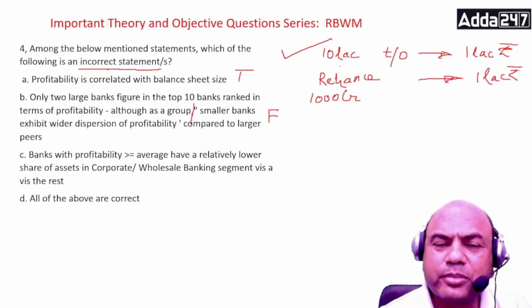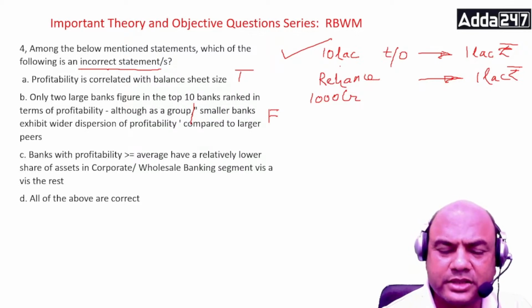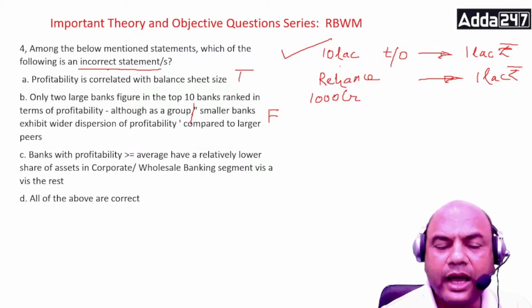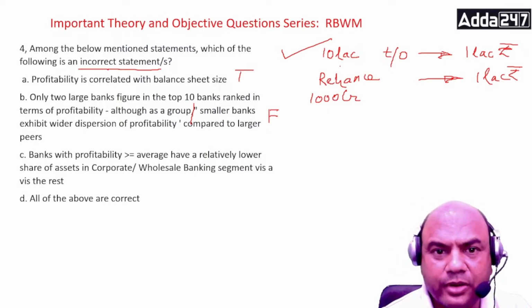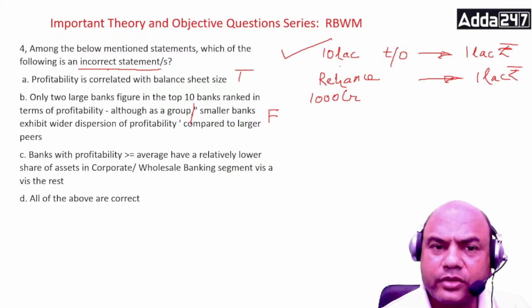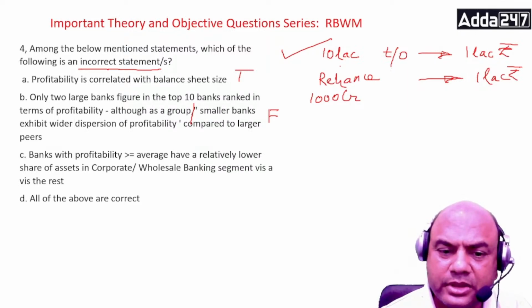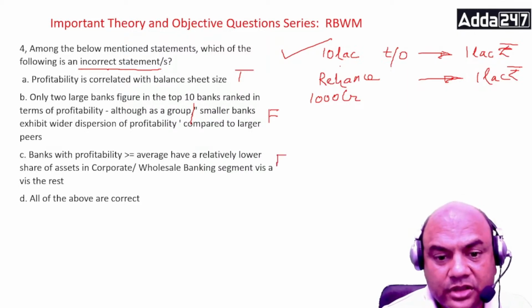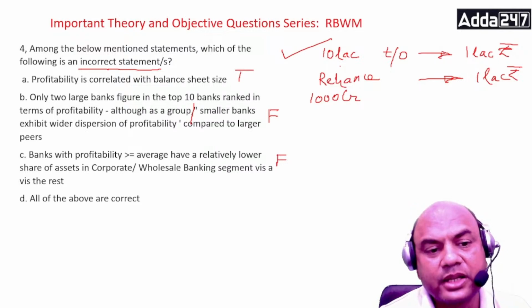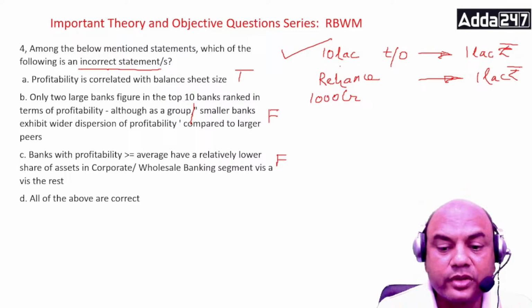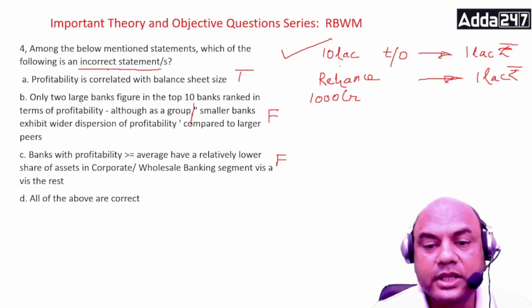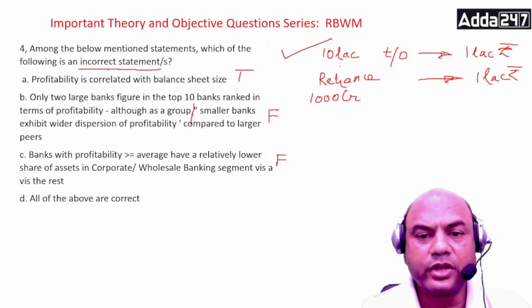It depends on bank to bank and the business model, right? I can have a corporate bank with higher profitability. I can have a retail bank with higher profitability. Both things are possible. So this statement is also false. So the answer is only the first: profitability is correlated with the balance sheet size only. That is the correct answer among these three. Okay. Move on.